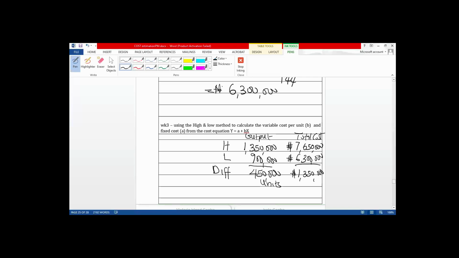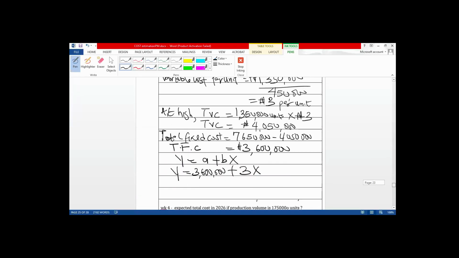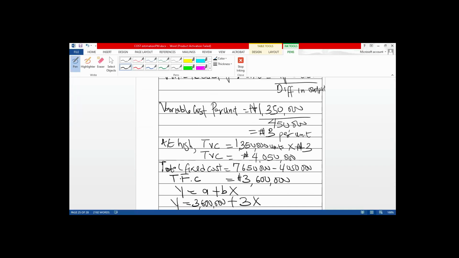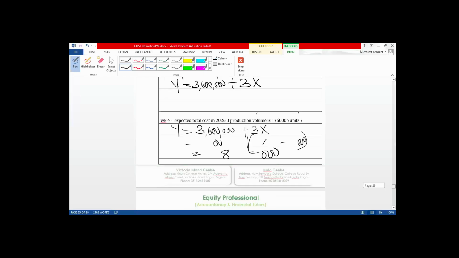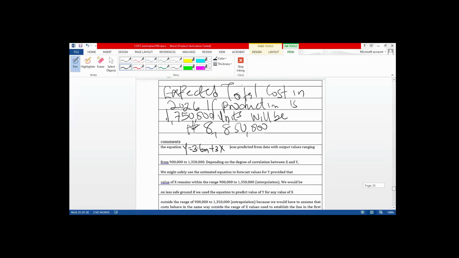Look at the cost equation. 3,600,000 plus 3.3x was predicted from data with output values ranging from 900,000 to 1.3 million units.